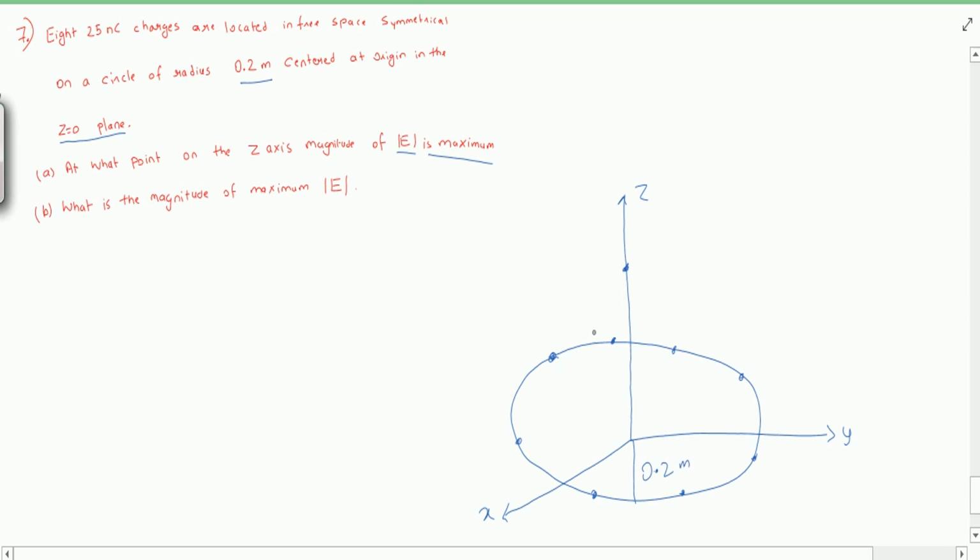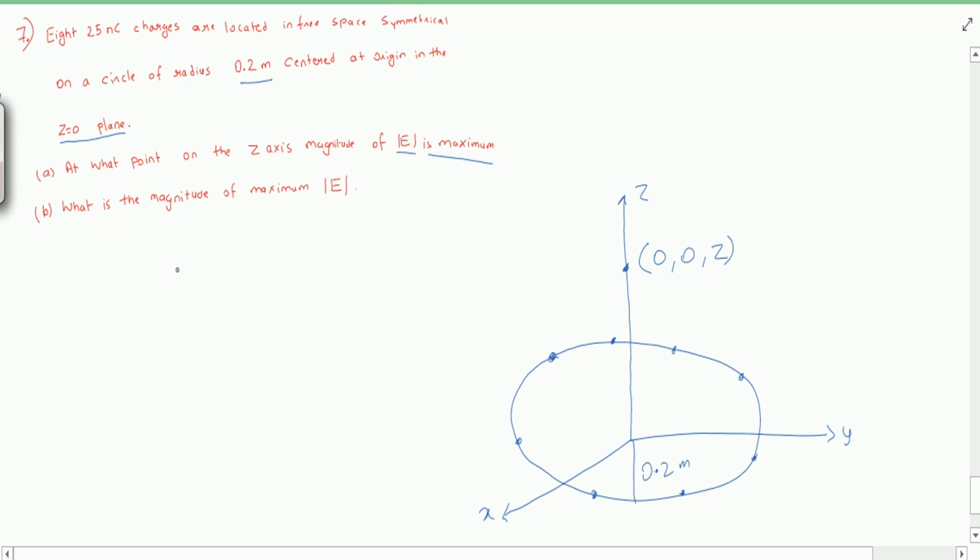At this point the electric field is maximum, and this has coordinates of 0, 0, z, because it is on the z axis. So what we can do is find the electric field due to all these charges and add them with the help of the superposition principle which we have learned.